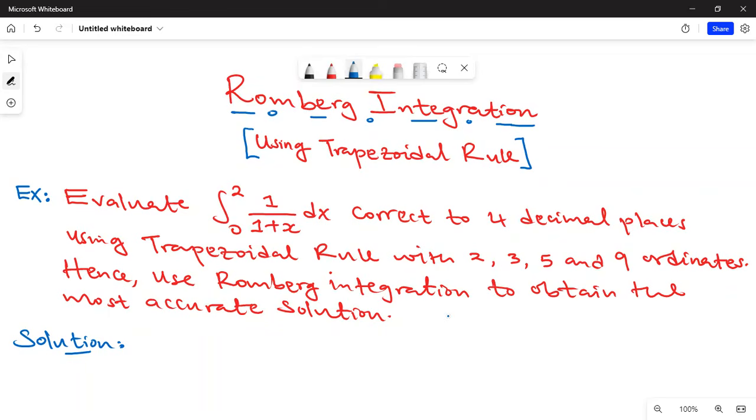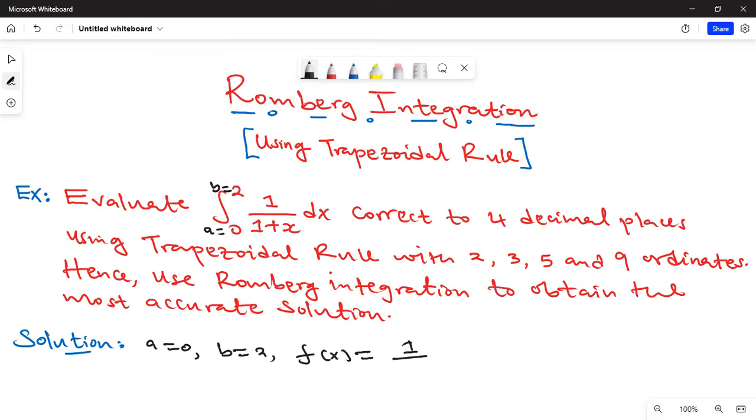When you look at the given integral, our a is 0, our b is 2, and our f of x is 1 over 1 plus x.